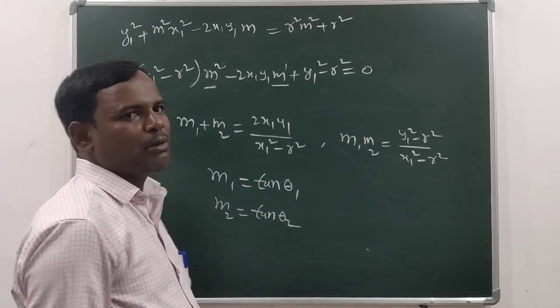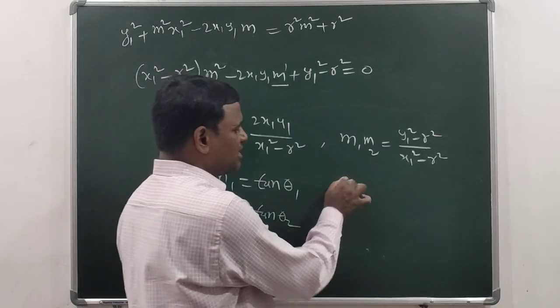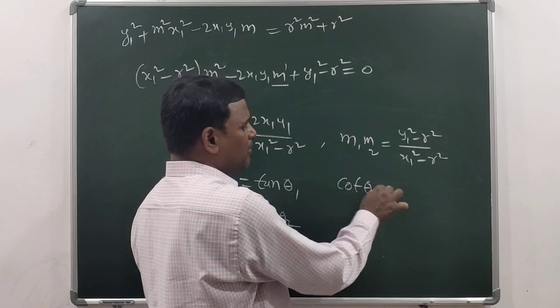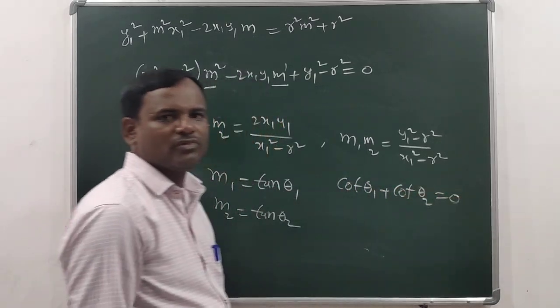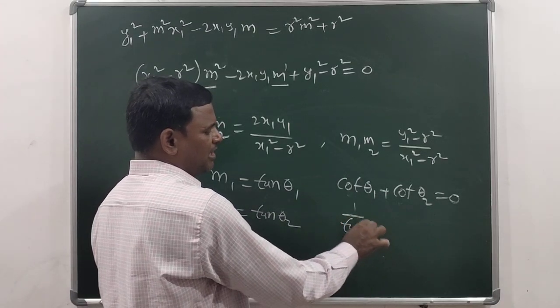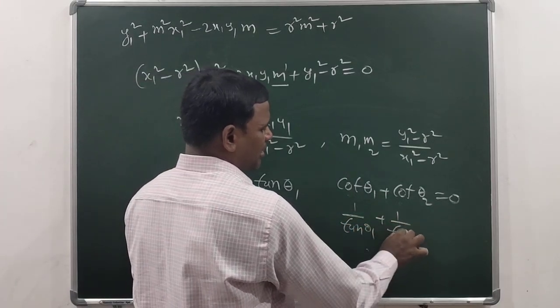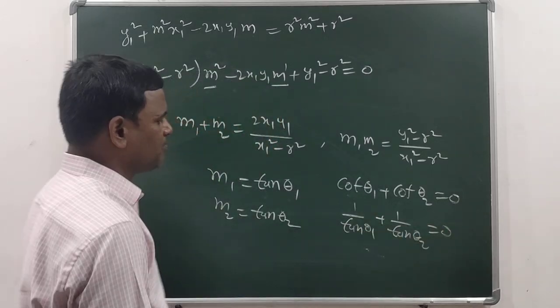But in this current problem, what would you have to find? Locus of a point which satisfies cot theta 1 plus cot theta 2 equal to 0. Now express this cot in terms of tan: 1 by tan theta 1 plus 1 by tan theta 2 equal to 0. Now take cross multiplication.